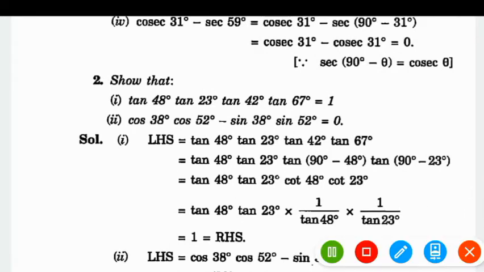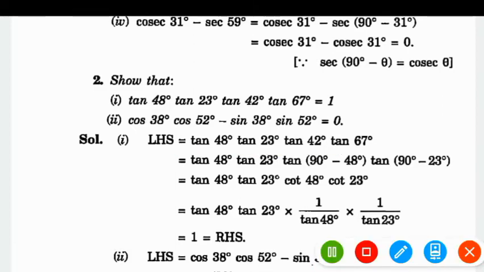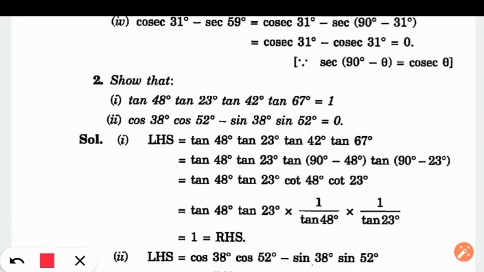Question number 2. In question number 2 we are required to show this one. So let's do the first one. In LHS, what do we have? Tan 48 degree into tan 23 degree into tan 42 degree into tan 67 degree.